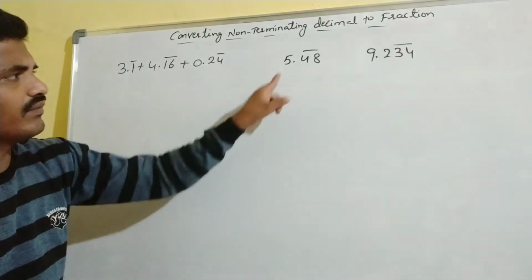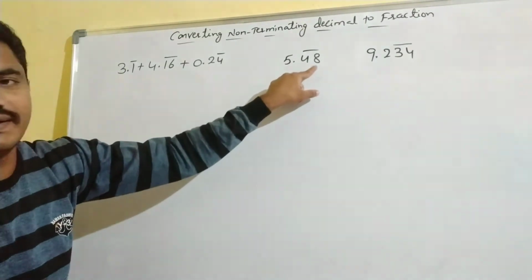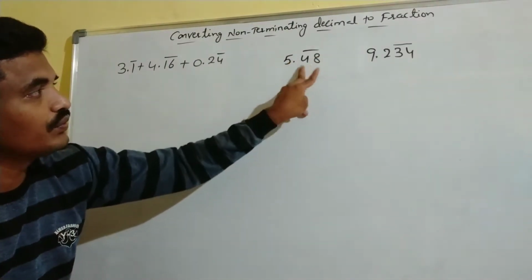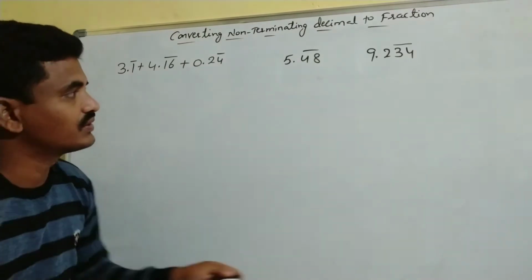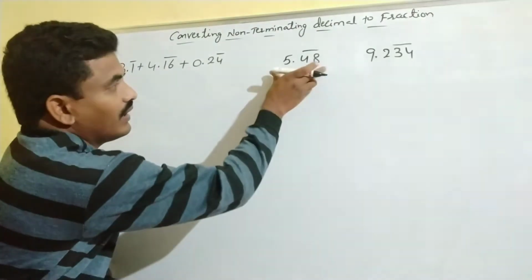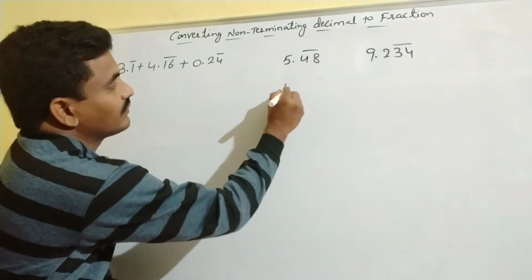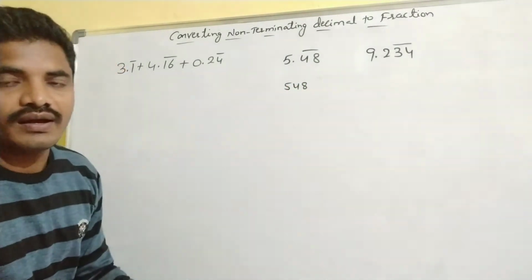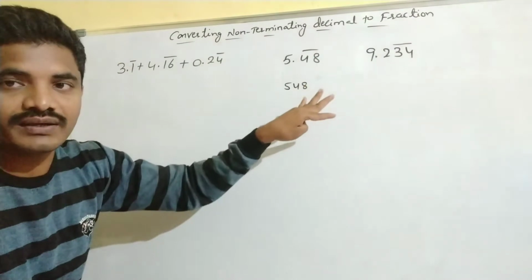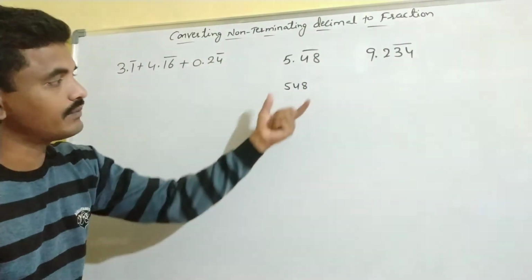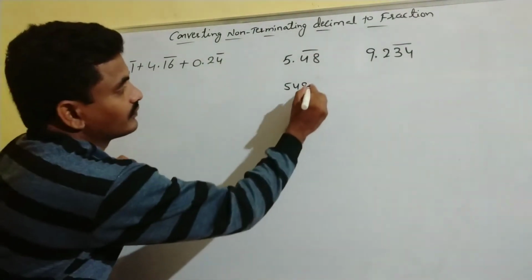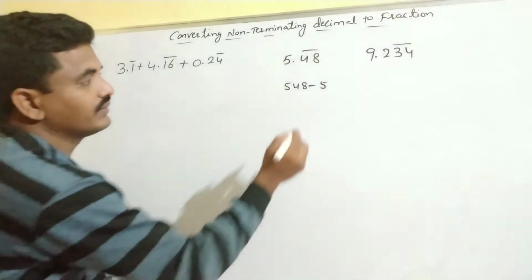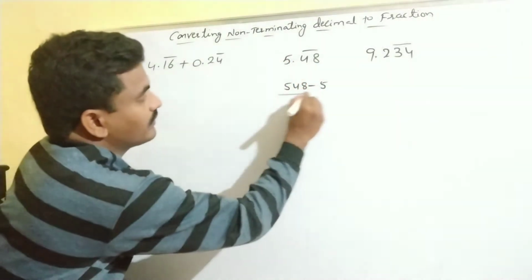Let me take one example here: 5.48 bar. After the decimal point, 2 digits are under the bar. So we write all the digits 5, 4, 8, and then subtract the digits which do not have a bar. 5 is not having a bar, so I am subtracting it.